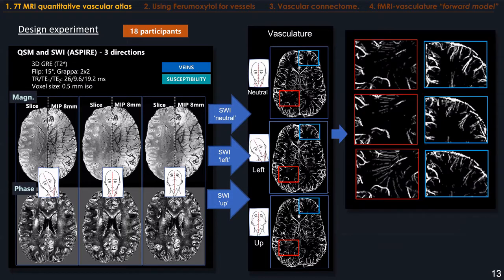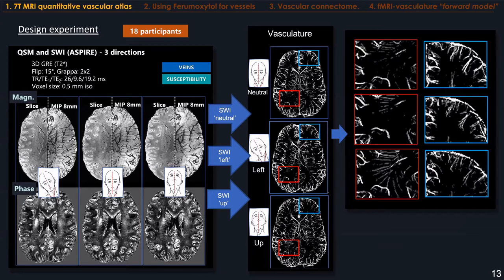We saw that at the different orientation in this red square and blue square here, there were some vessels that only appear at different head orientation, and some even disappear at other head orientation. So that means that if you have one single head orientation, for a SWI or a QSM, you will be missing some vessels, and that might impair our analysis.